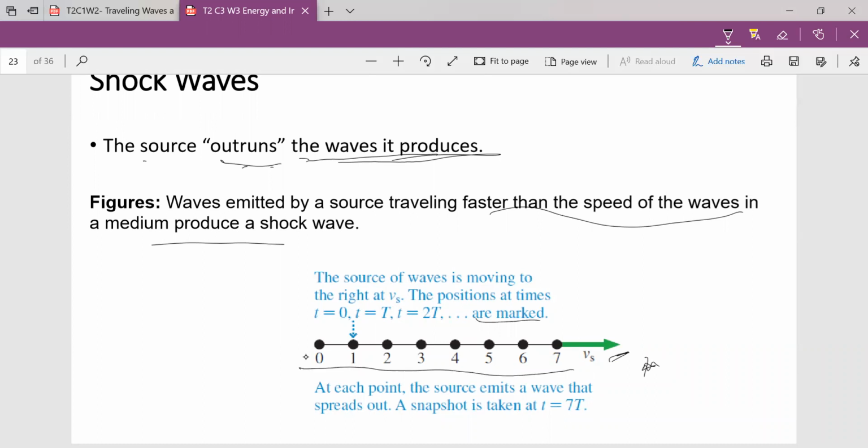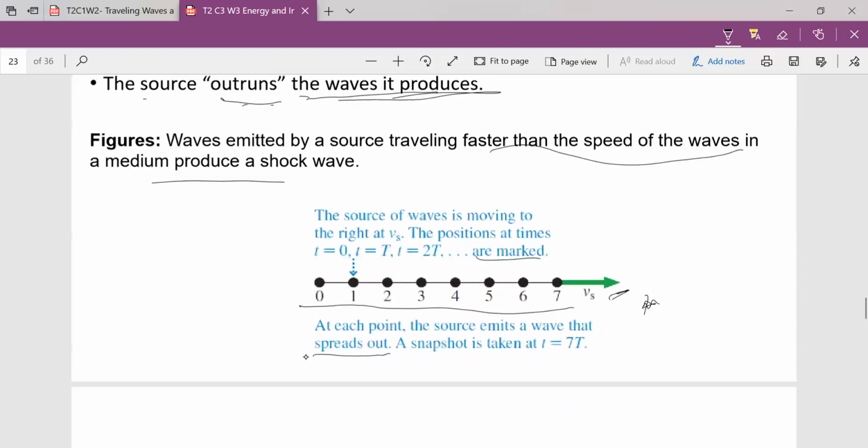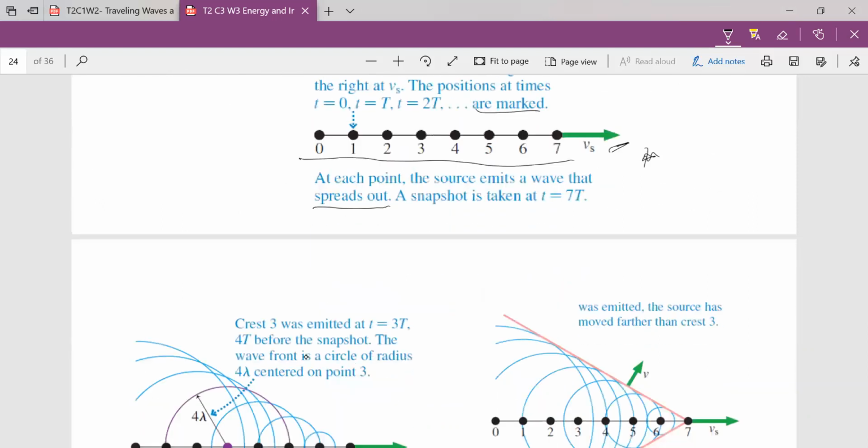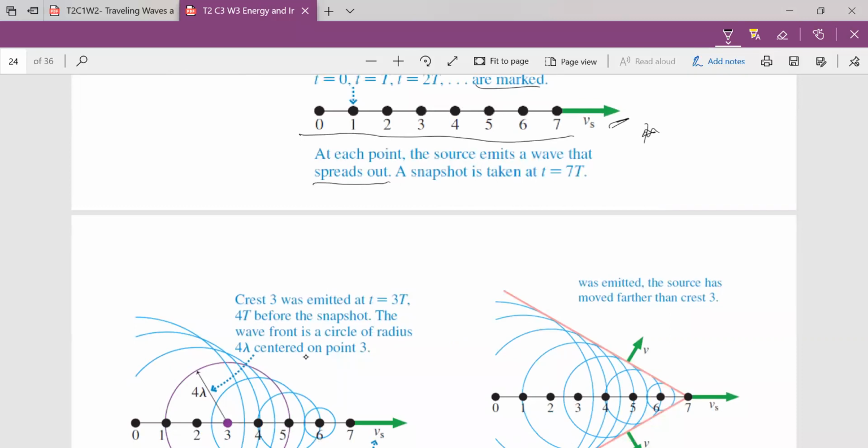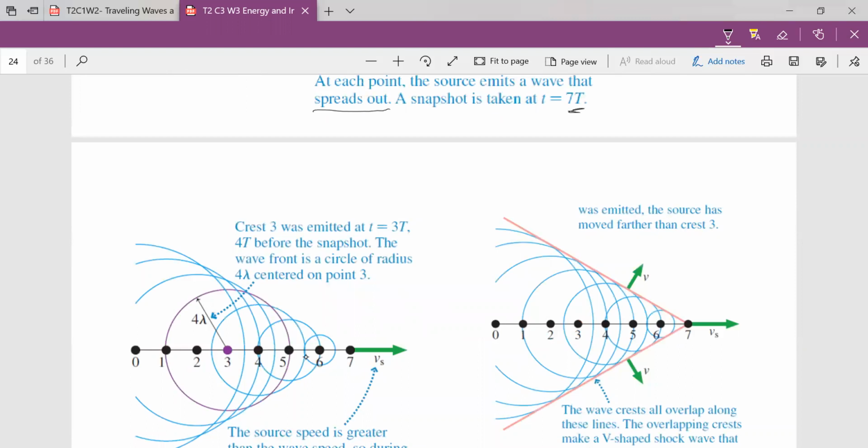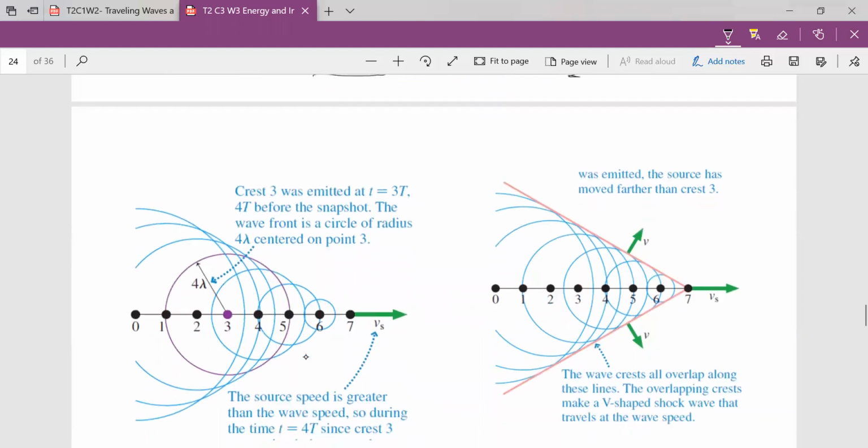At each point, the source emits a wave and they spread out. When you take a snapshot at different points, you have the representation as captured below. So we take the snapshot at T7, and this is exactly what happens at that time.